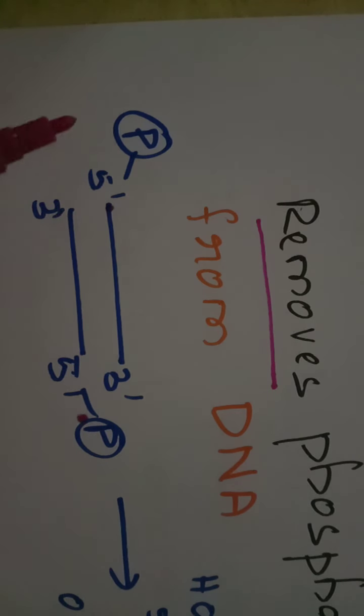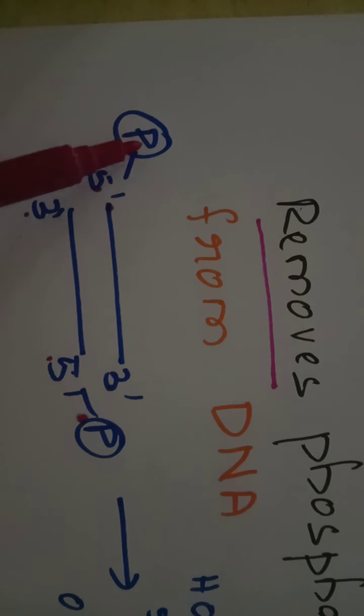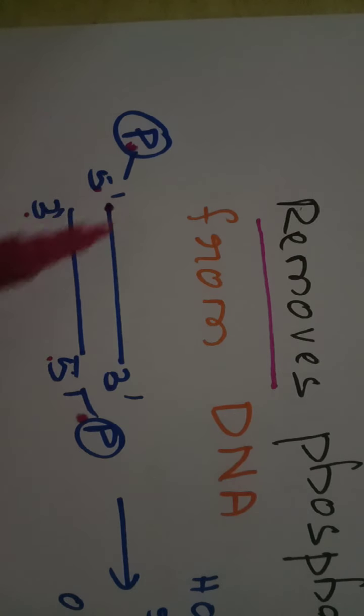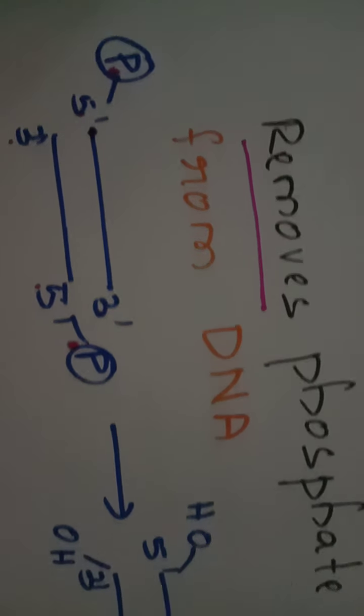Any double stranded DNA has two strands, one running from 5' to 3' and the other in the opposite direction, from 3' to 5'. At each 5' end we have one phosphate group.